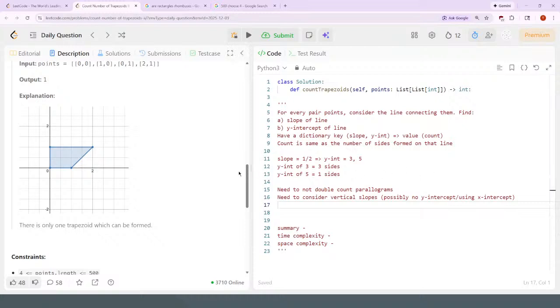I wonder if there's a neat way of doing this, if there's a trick to doing this. Slopes, slope, slope, slope. There's a vector.